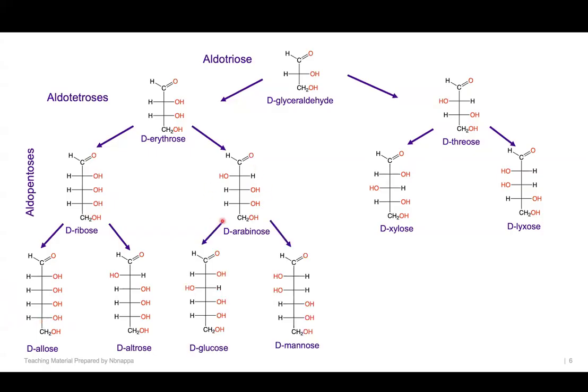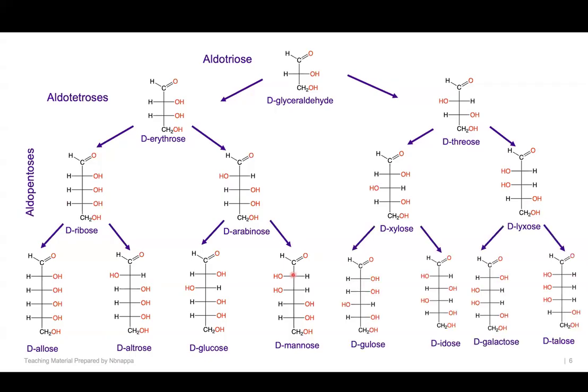And the same thing is here, it's simply adding one carbon, just changing the stereochemistry at this stage. So in total, in hexoses, there are 8 possible D sugars. Not necessarily all of them are present in nature. They may be present in small quantity in some organisms also.